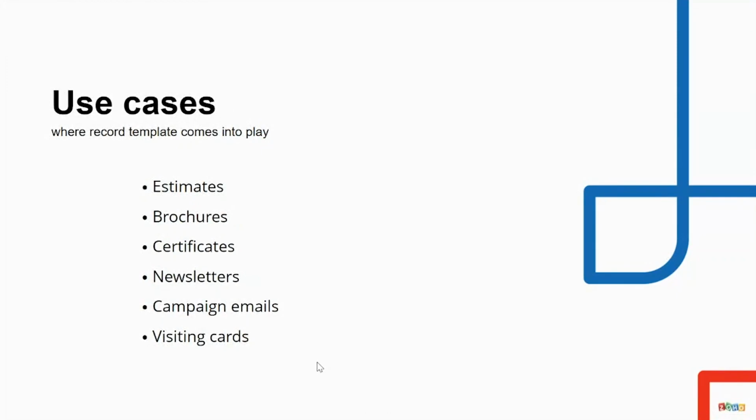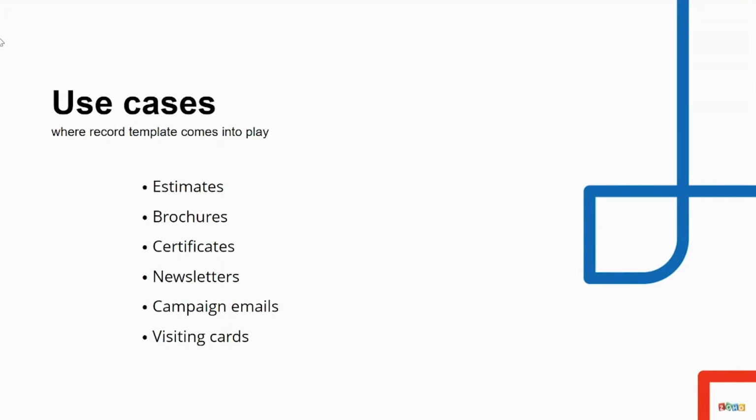So I've listed a few use cases. Imagine that we are running an email marketing campaign wherein you have a form registration page and user is trying to submit the form. We wanted to redirect the user to the thank you page. So this can be done using the record template, which allows you to create and customize the template and use it the way you want it to be.